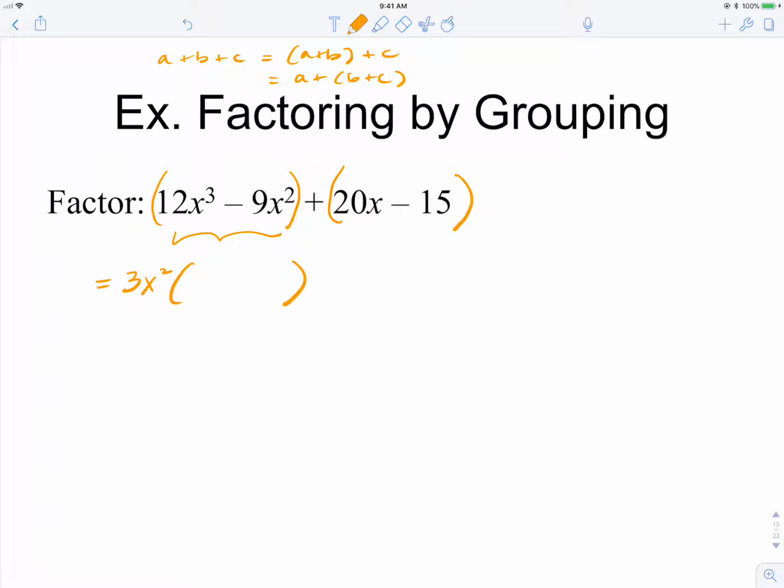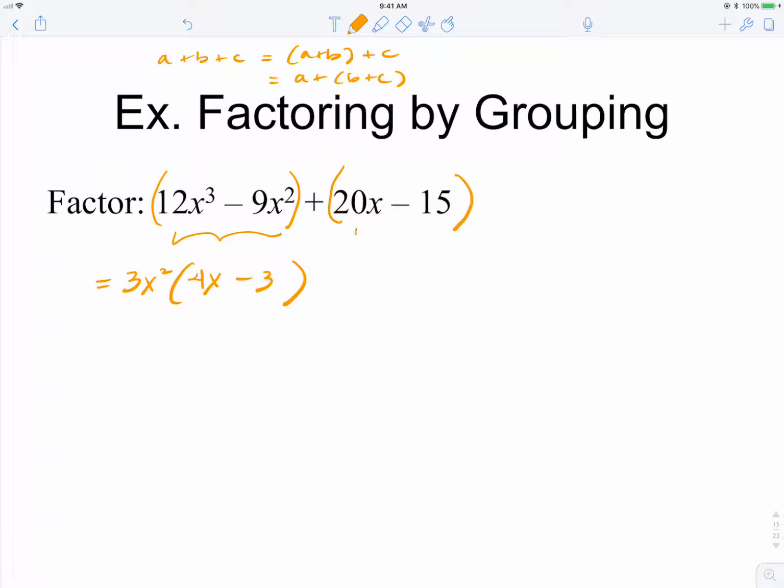And then I think, okay, well, what times 3x squared would give me 12x cubed? That would be 4x. And what times 3x squared would give me negative 9x squared? That would be negative 3. Remember, you could always check that you have factored correctly by thinking about multiplying the polynomial back out, distributing this 3x squared back in.